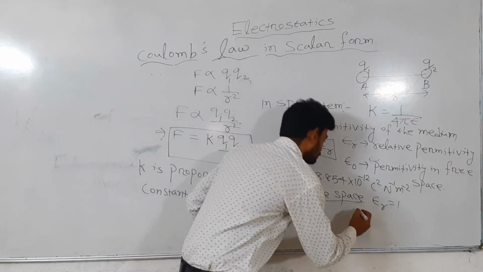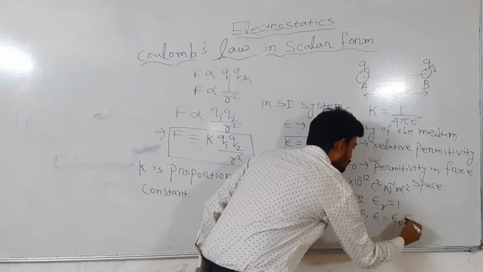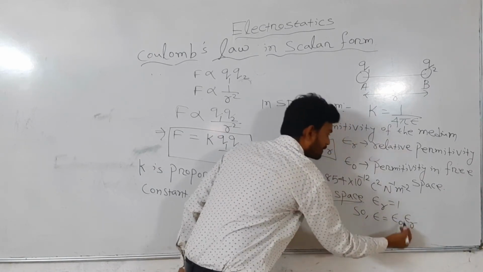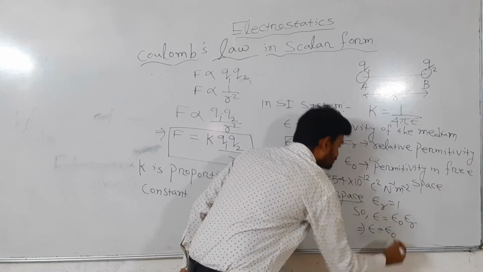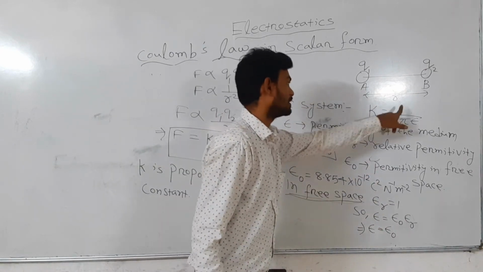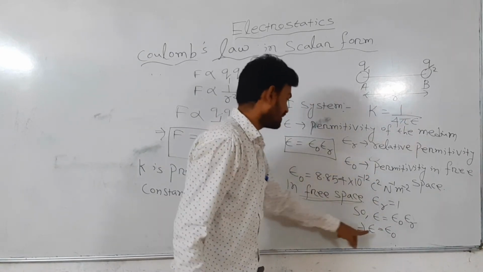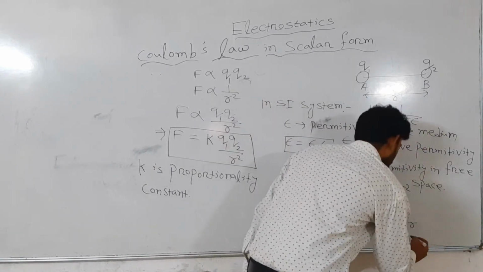So epsilon is equal to epsilon 0 into epsilon r. Here we place 1, so epsilon becomes epsilon naught. So in free space we can write K is equal to 1 by 4 pi epsilon naught.